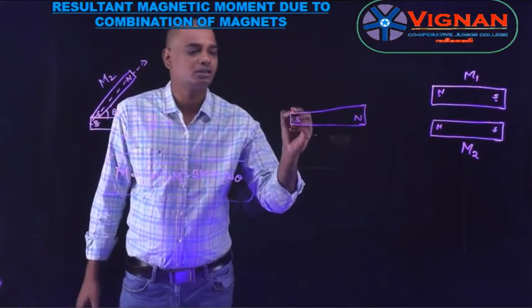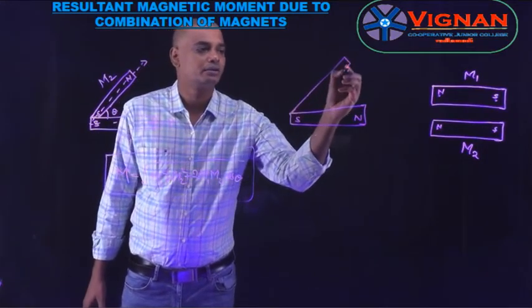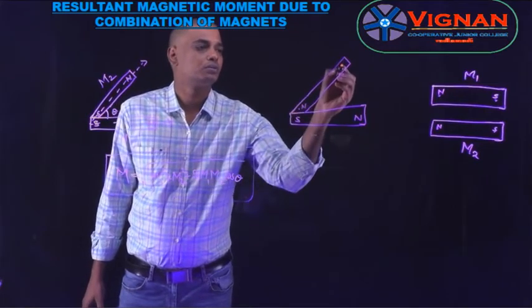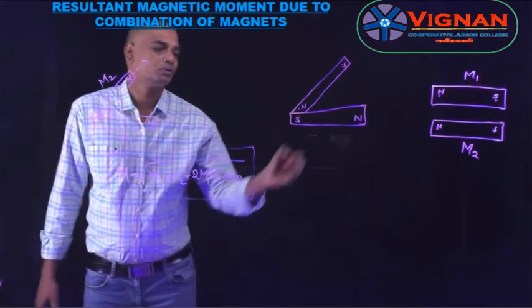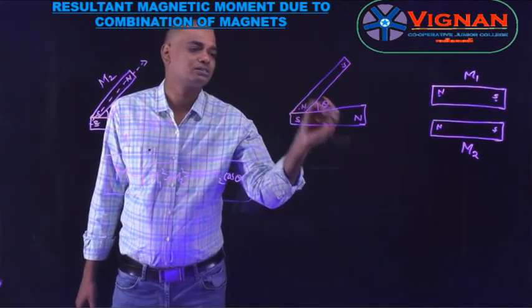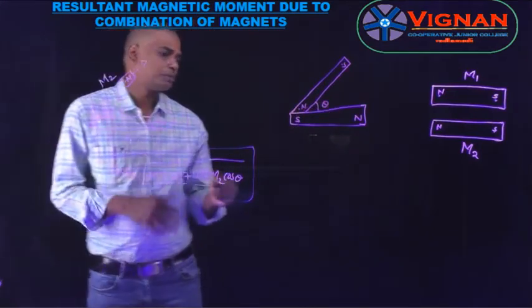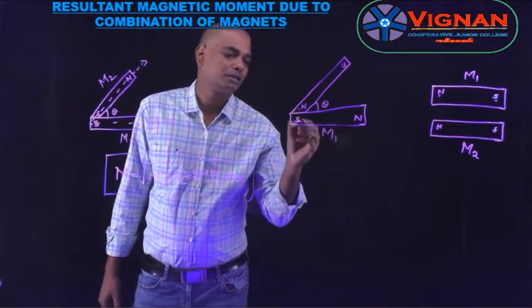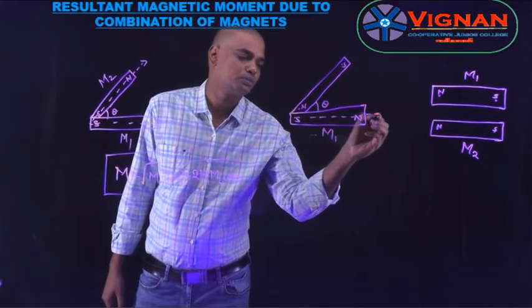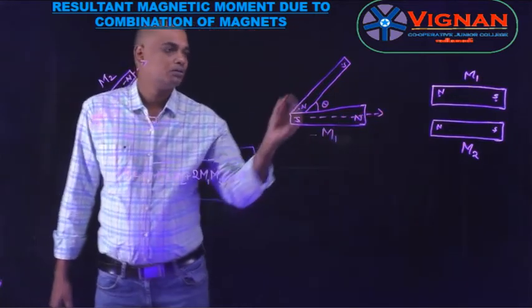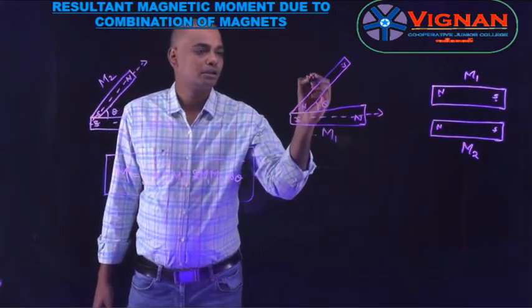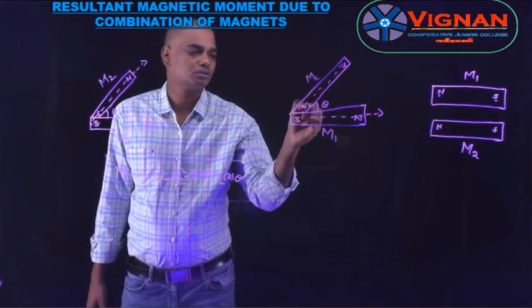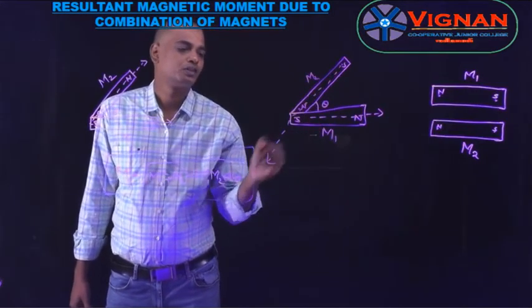The second magnet has its north pole and south pole like this, and the angle is theta. The direction of the magnetic dipole moment M1 is from south pole to north pole in this manner, and for the second magnet also, the magnetic dipole moment is M2 and the direction is like this, south pole to north pole.